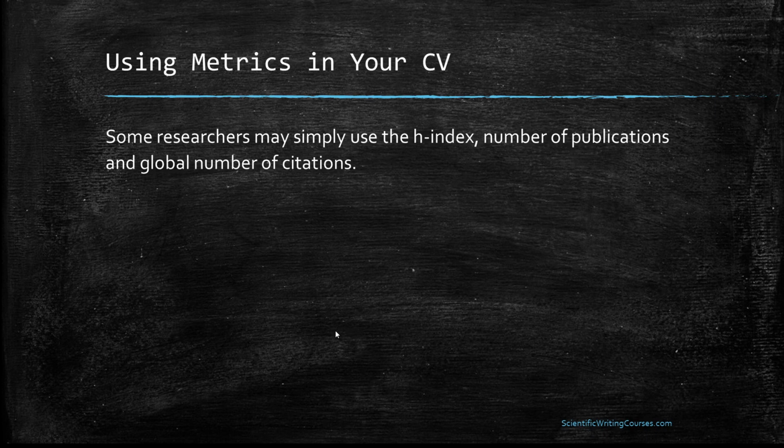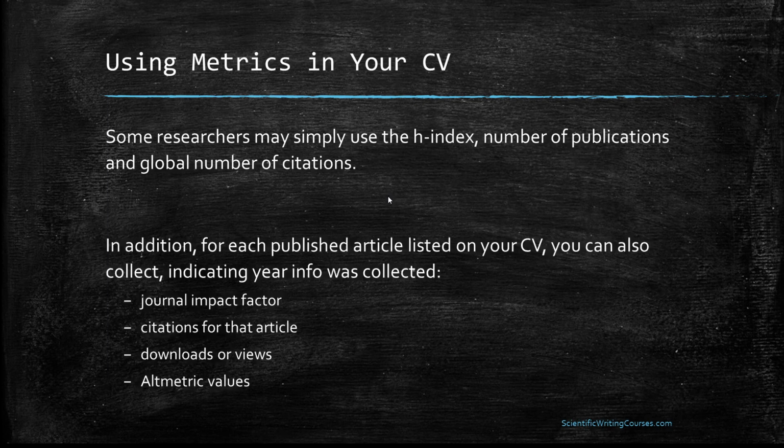Now, using metrics in your CV, some researchers may simply use the H-index, say, well, my H-index is 8 or 50 or 60, and the number of publications and the global number of citations. That should be enough for most people in their CV. In addition, for each published article listed in your CV, you can also collect this information, indicating the year the information was collected.